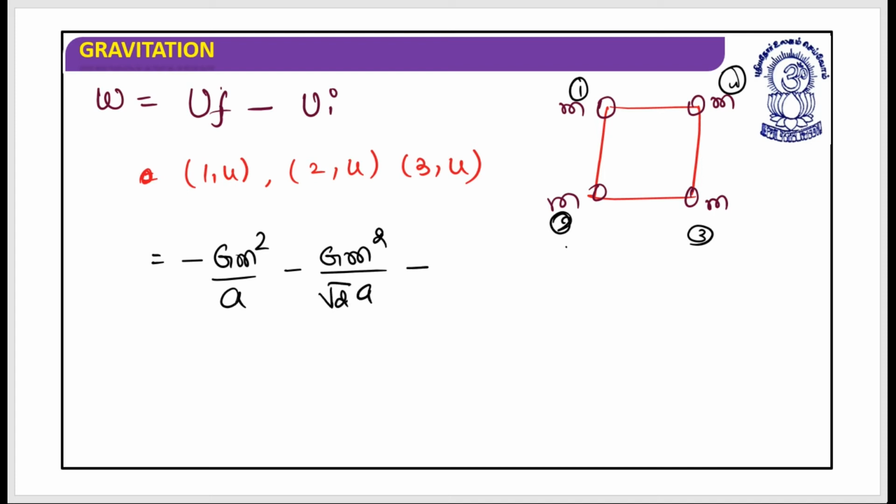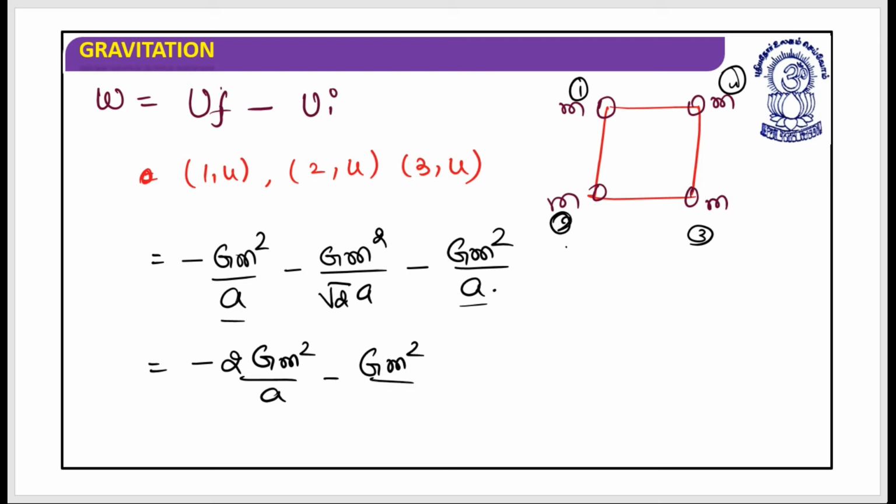For 3 comma 4, this is equal to minus of G M square by a. This minus G M square by a minus G M square by a is equal to minus of 2 G M square by a, minus of G M square by root 2 a.